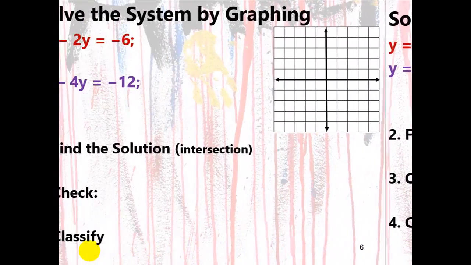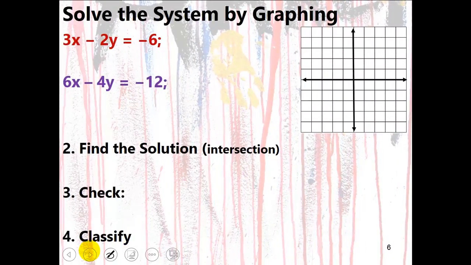Let's solve this one. I'm going to do x and y intercepts on both of these. Your choice. My x-intercept is going to be (-2, 0). My y-intercept is going to be (0, 3). You know what? I'm going to graph this one in red.